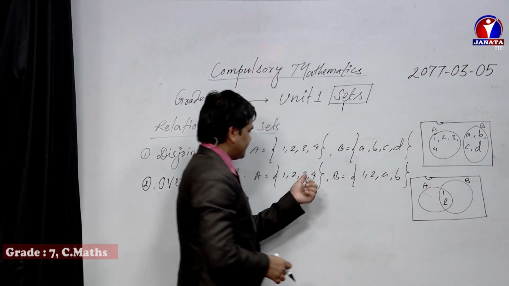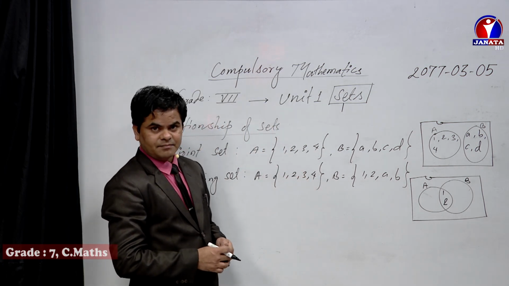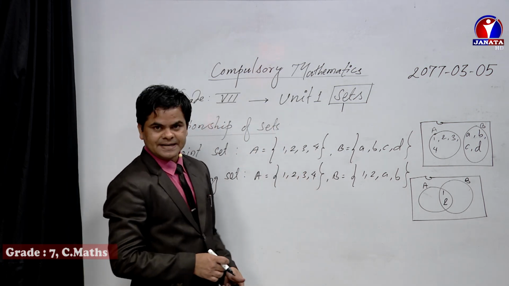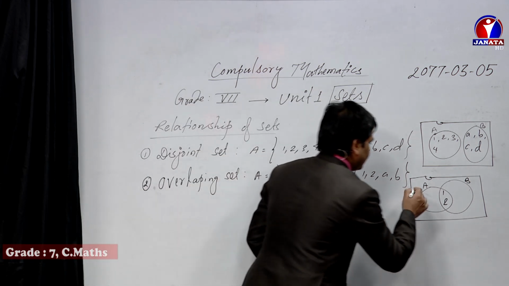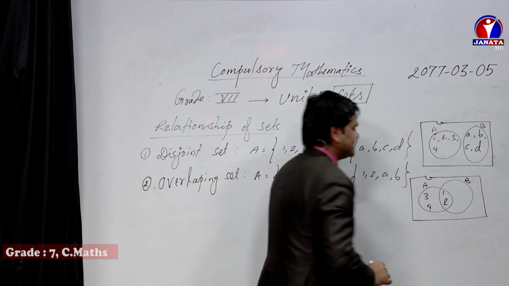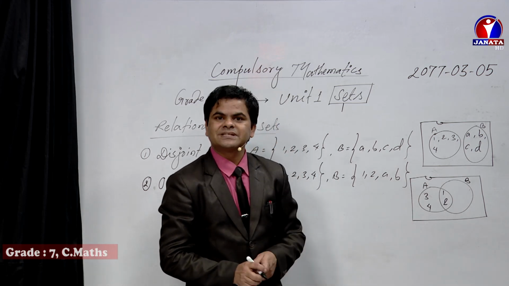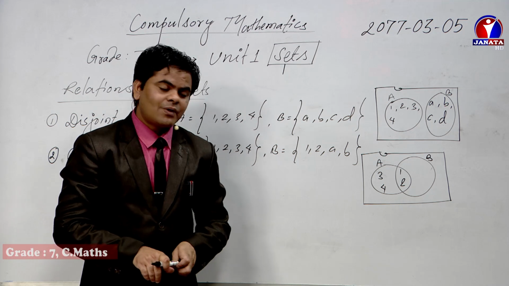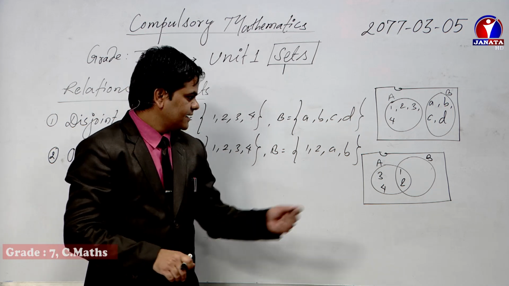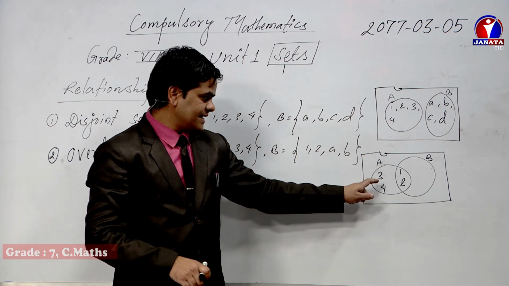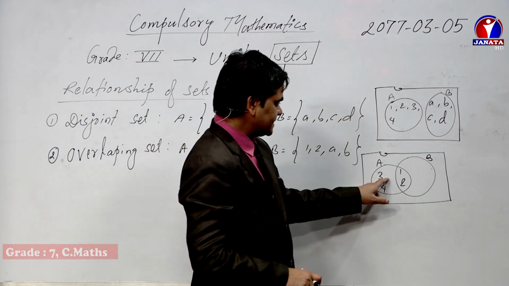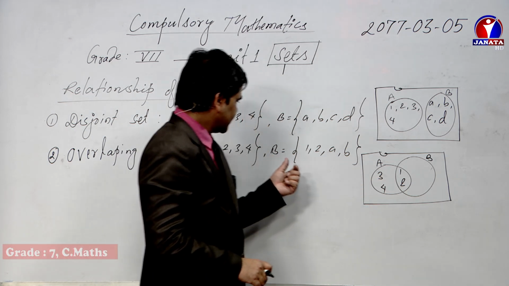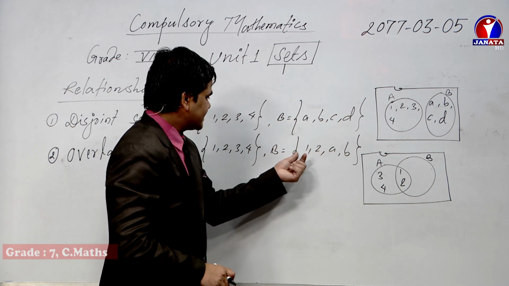Now let's plot the remaining elements of set A. 3, 4. This is known as the area of set A only, or you need to learn, while being in class 7, as A difference B. This place is known as A difference B. And now what remains?